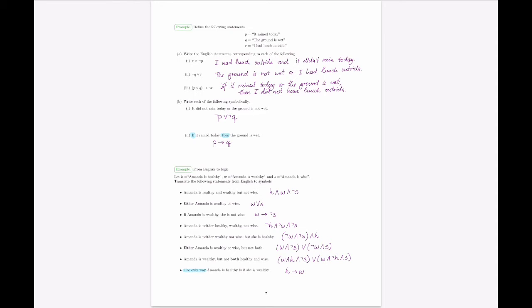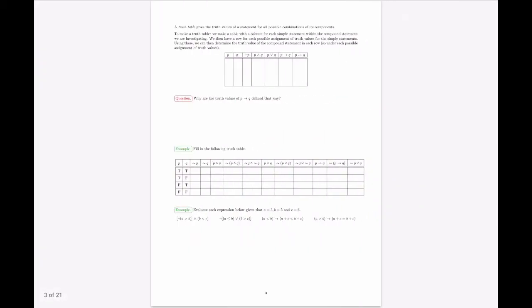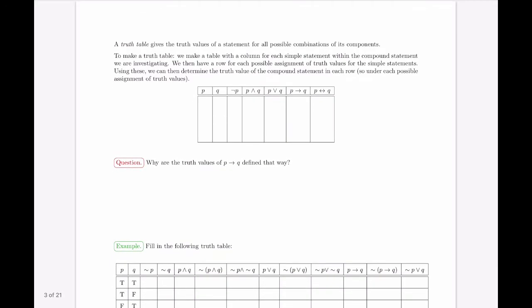What we have not yet talked about is the truth values of these more compound statements. So if I tell you that it didn't indeed rain today, what does that mean for the more complex statements that involve P? So this is going to be the focus of the discussion starting today.